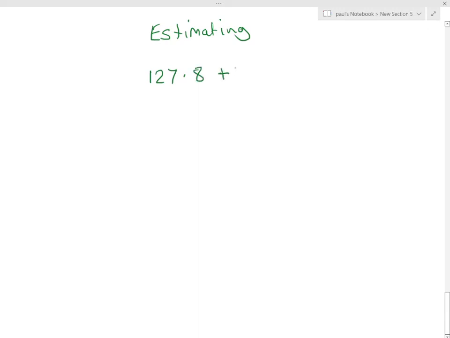So we're going to do something really complicated now to show you how estimating works. We're going to do that plus that, and we're going to divide the whole lot by 56.2 times 3.2. Now, estimate. We've got to make the numbers nice and easy. So this one, 127.8, is a bit like the rounding rules, but not always.